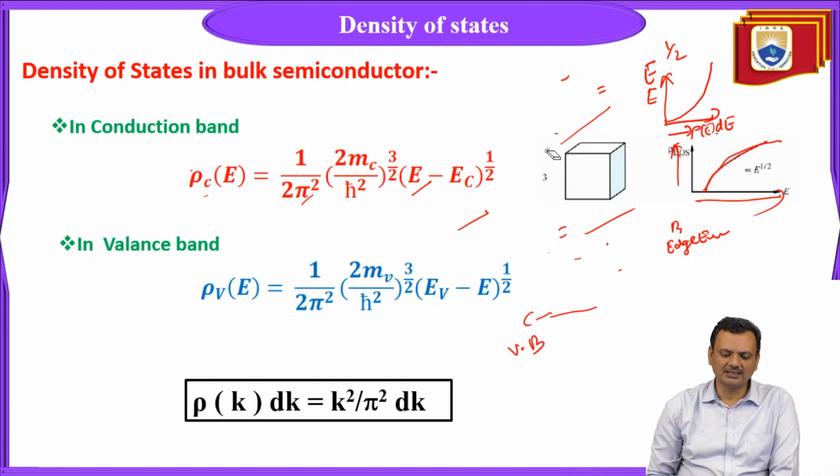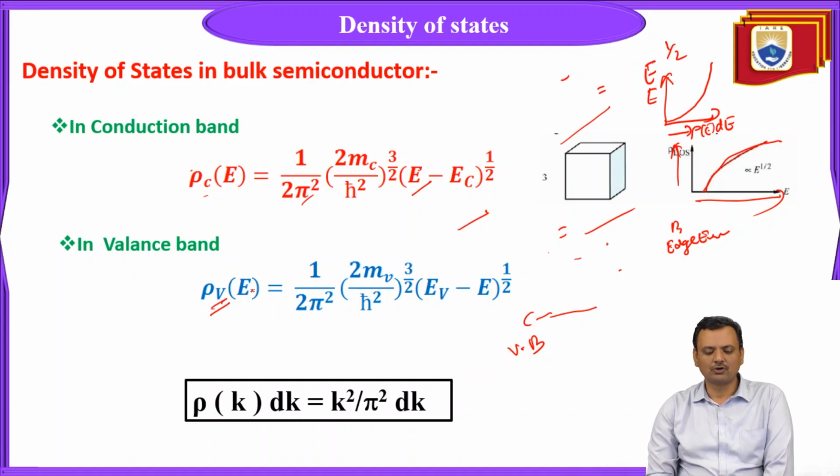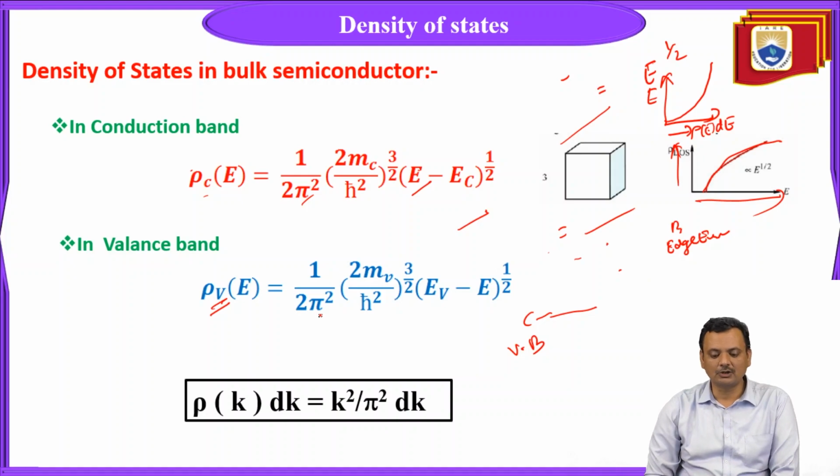Now see, in the valence band region, this V represents the valence band. So rho(E) is equal to 1 upon 2 pi square, 2 m_h upon h cross square whole to the power 3 by 2, (E_V minus E) whole to the power half.